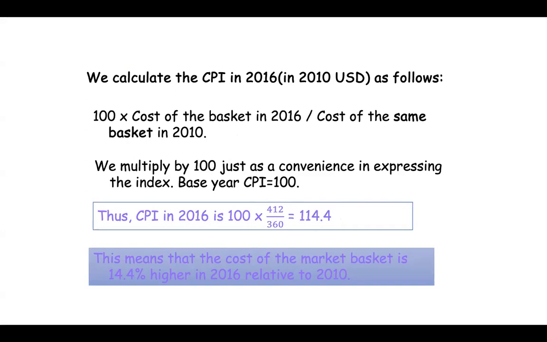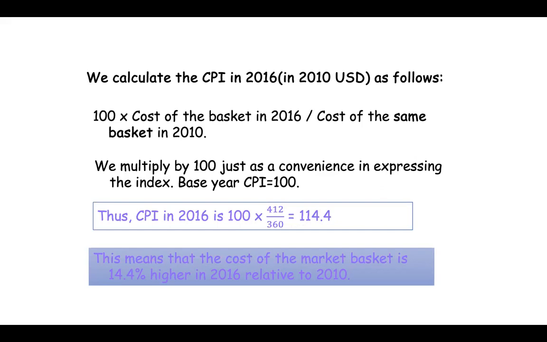By the way, by this definition, the CPI in the base year will always be equal to 100, okay? Sometimes the multiplying by 100 is simply so we can read this as percentages. We may eliminate the 100, in which case the CPI will be 1.144. It's the same thing as we did with the deflator, it could have been 1.5 or 150.